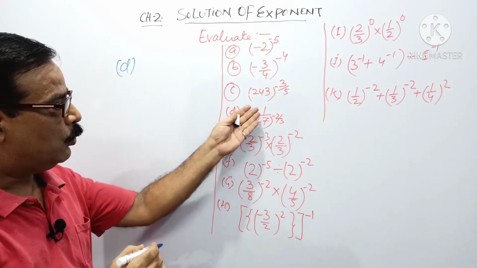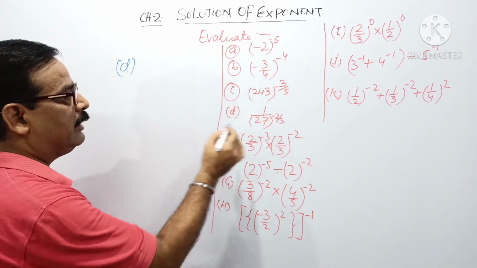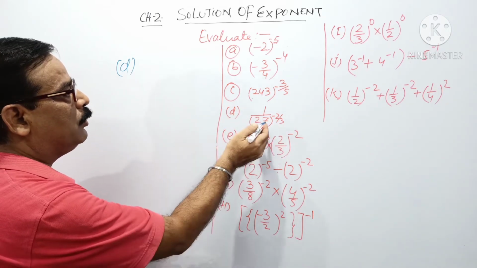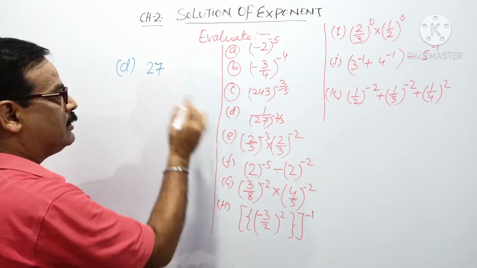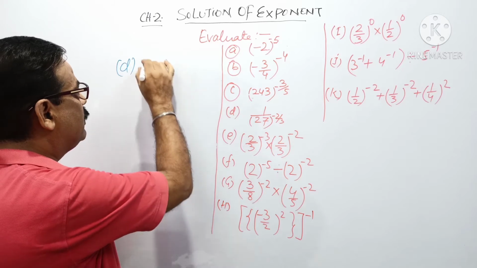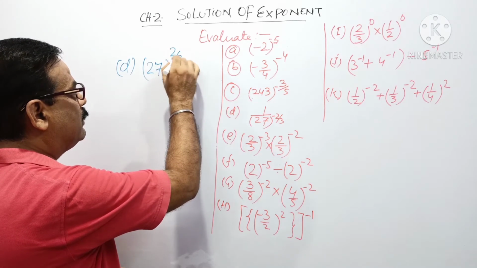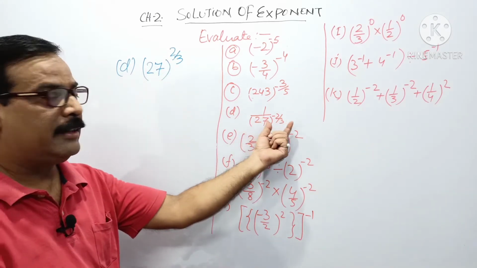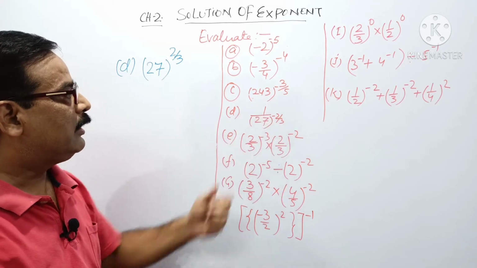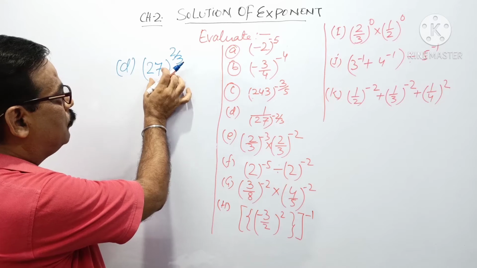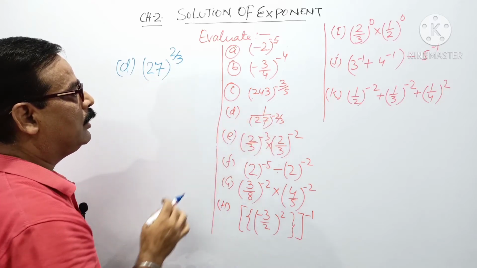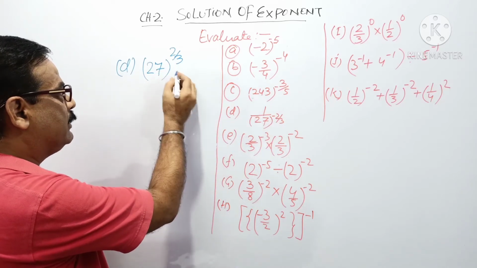So as in question number D is given (1/27) to power -2/3. So we can convert this number, and we can write the reciprocal of 1/27, which is 27, and the power is 2/3. Because here the power is a negative integer, we can convert it into a positive integer. That's why we are taking the reciprocal of the base, that is 1/27 into 27.